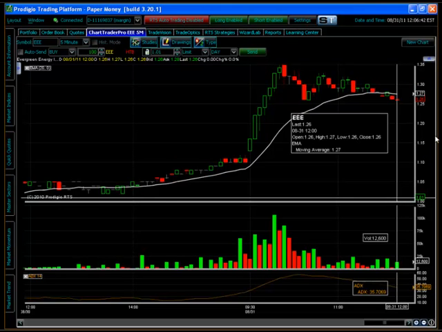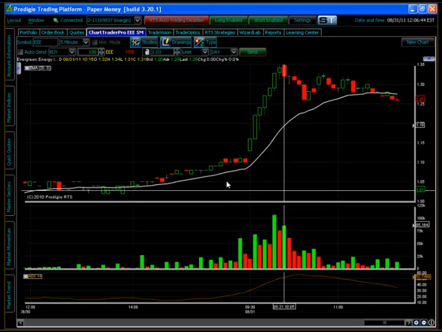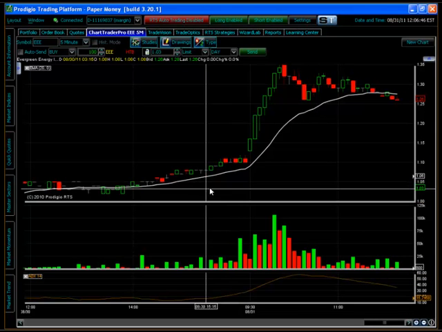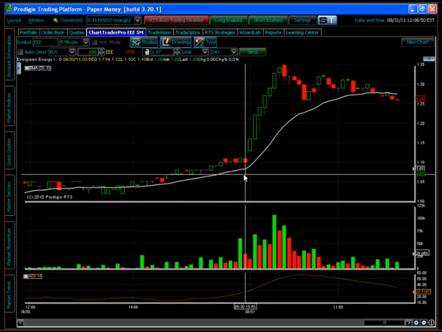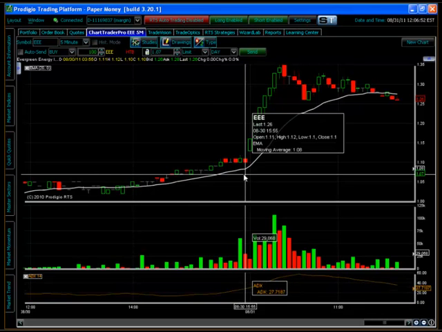This is a stock of interest because the percent movement, which I believe was a 15% gain since yesterday, is accompanied by a significant thrust in volume. And so this is a stock of interest. This stock is, in my opinion, more interesting than a pink sheet stock that has a 50% gain.